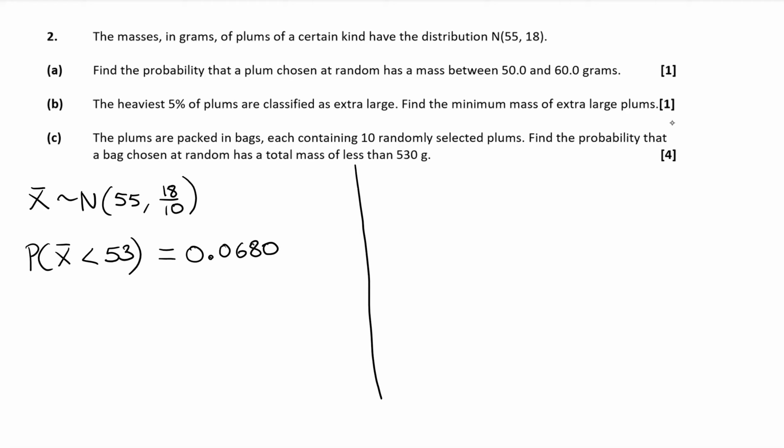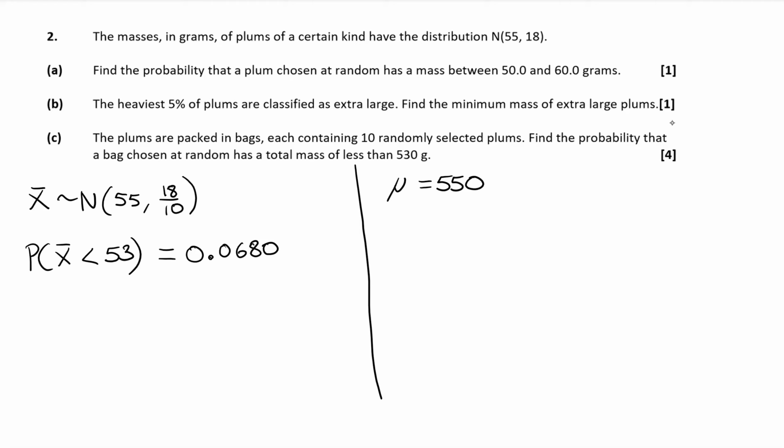If you didn't like that method, I do have a different way I can show you. Firstly, instead of looking at an individual plum, you can look at all 10 of them. So the mean should be 550.